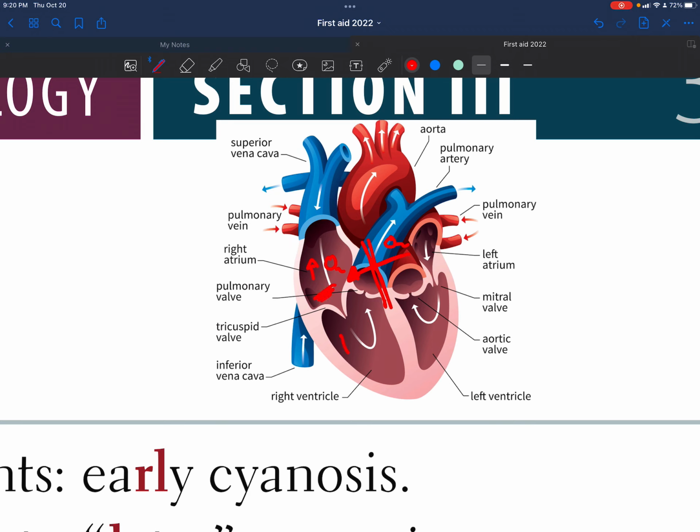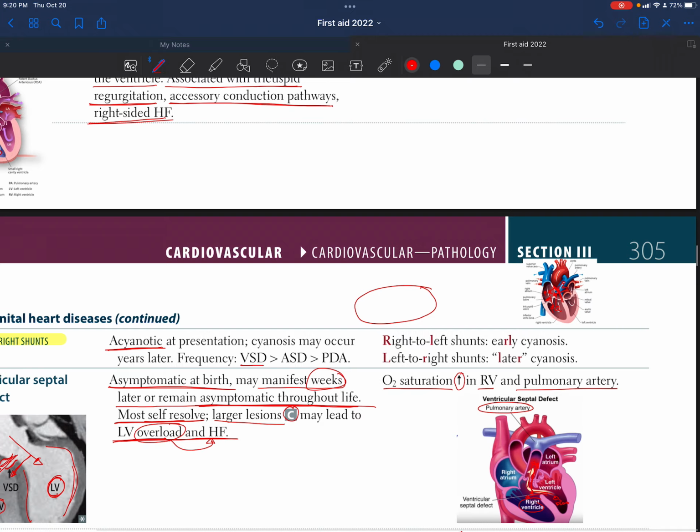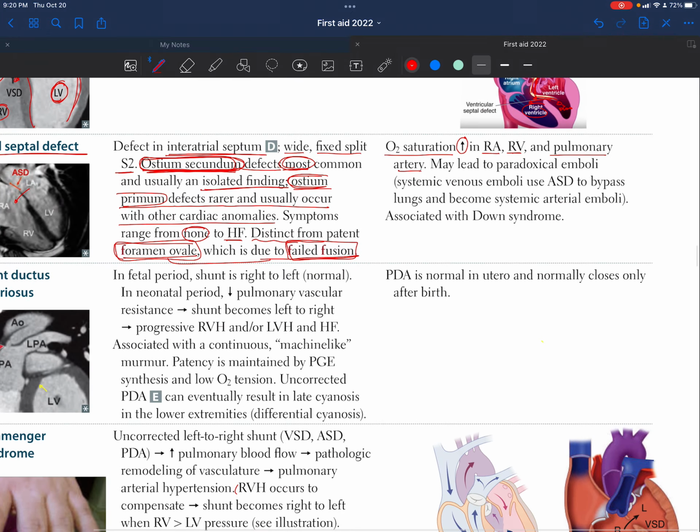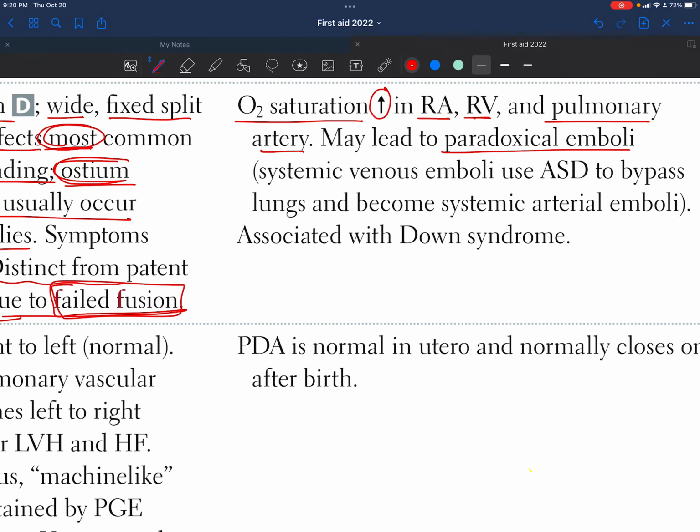Here it should not have oxygen, but it would also have oxygen because the opening is this way, so blood goes this way, then goes into the pulmonary artery. So this may lead to paradoxical emboli. That means systemic venous emboli use the ASD to bypass the lungs and become systemic arterial emboli. This is associated with Down syndrome.